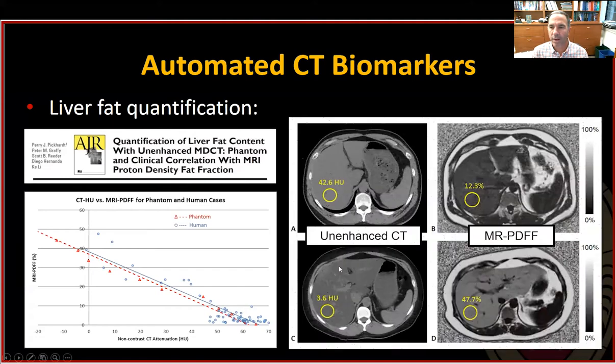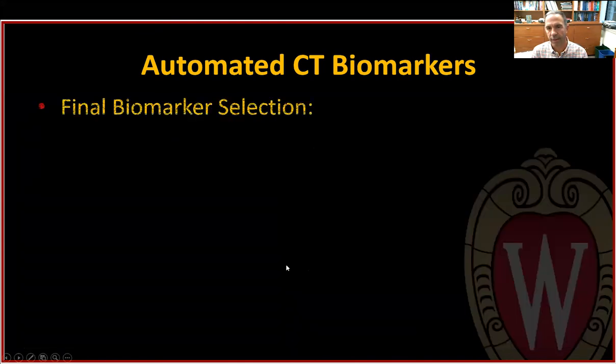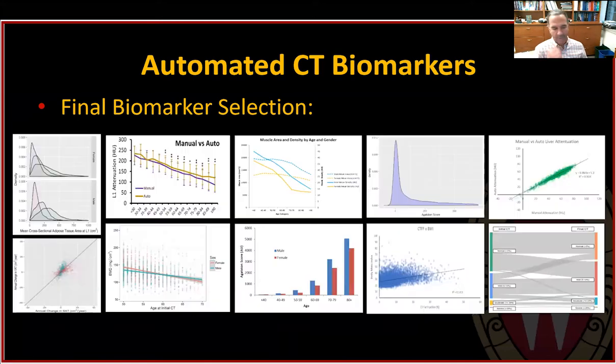But I would make one point: with unenhanced CT in particular, we can correlate and actually provide an MR equivalent, basically an MR PDFF or a fat fraction, that's equivalent both in the phantom and in humans. So we know the unenhanced CT attenuation is a very good quantification of liver fat. Okay, so that's a quick overview of those tools, and basically now we combine them all together.